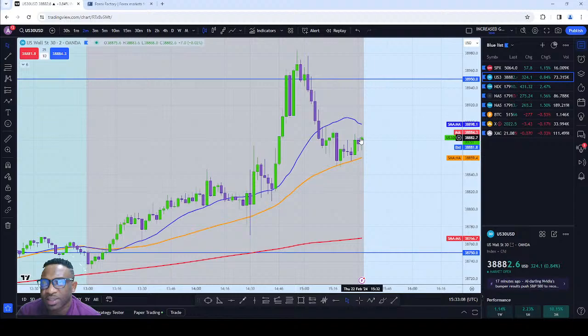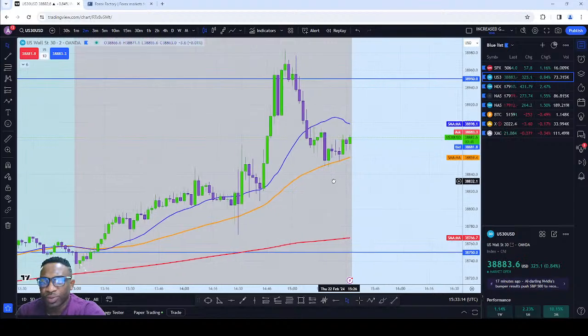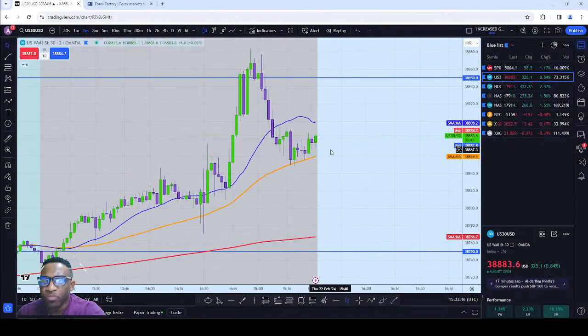If it takes out this last purple candle, we can hop onto it. Looking at it, it's taking it out, but I want to see a little bit more of it. This is US 30. It can move like crazy.